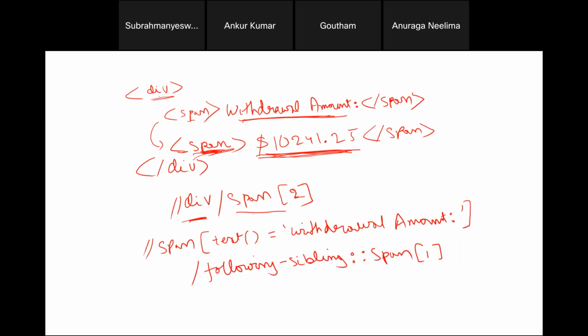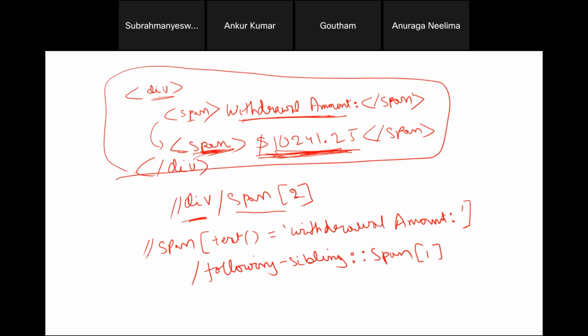There is a method called getText using which we will get this amount, but this is how we write an XPath for this one. This is the common question I ask. I'll give them, okay, I have this kind of HTML code, how do I write an XPath for getting this amount? It is span, text is equal to withdrawal amount, slash following-sibling colon colon span.